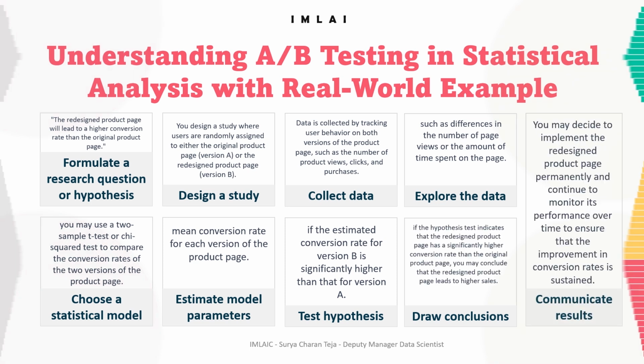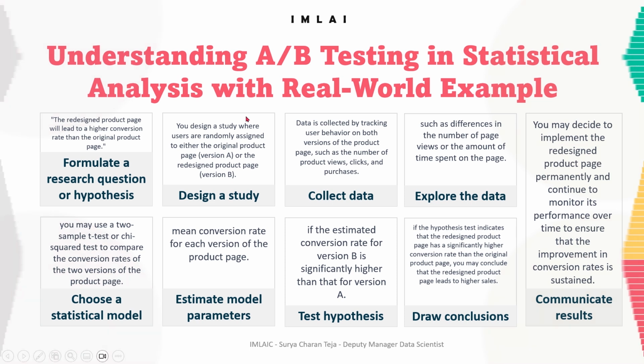And finally, we have to communicate the results. You communicate the results of the analysis to your marketing team and development team, so you may decide to implement the redesigned product page permanently and continue to monitor its performance over time to ensure that the improvement in conversion rates is sustained. So this is the real world application of A/B testing.